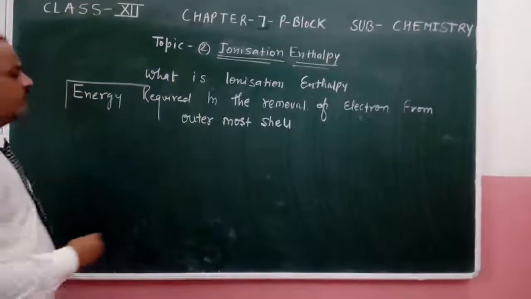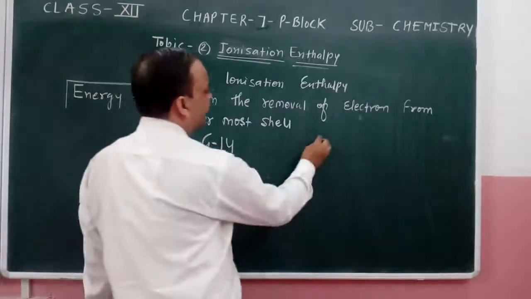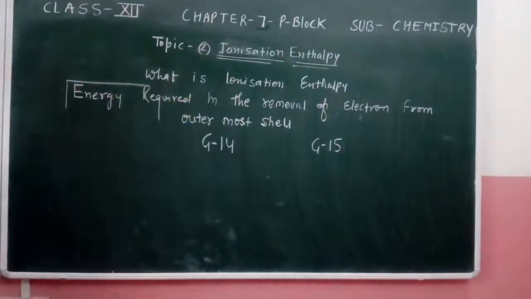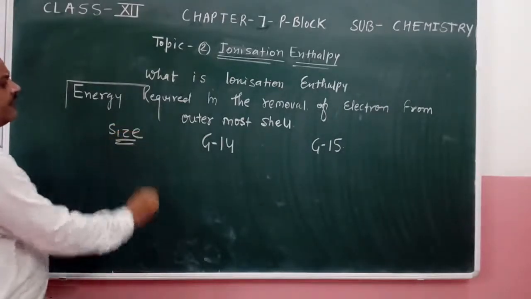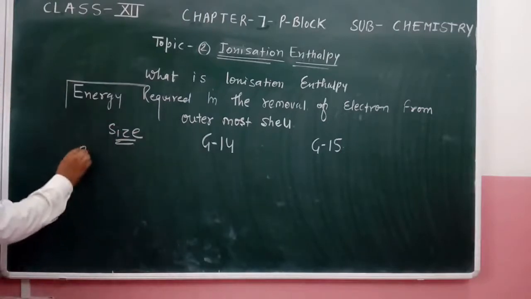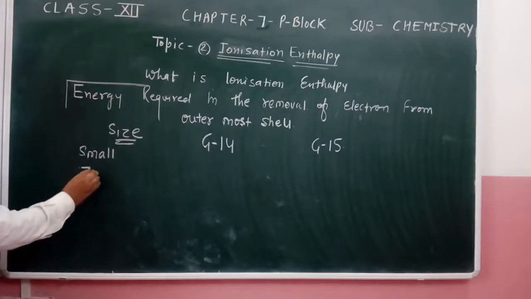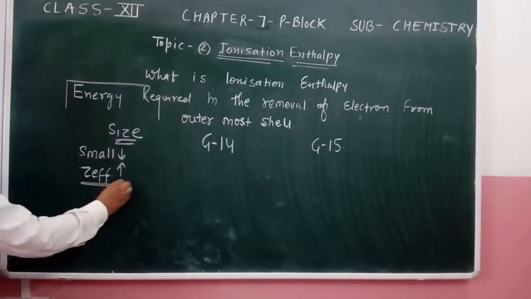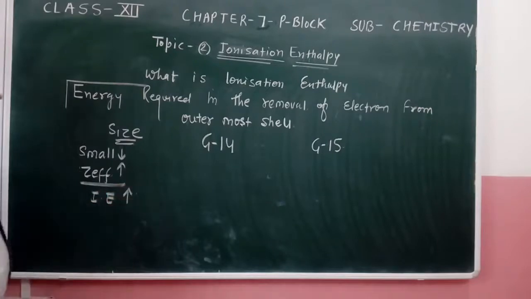Now we have to understand the comparison of ionization enthalpies in the elements of group number 14 and group number 15. Always remember that all these properties are related to the size. If size is small, it means Z effective is more, and if Z effective is more, the value of ionization enthalpy is also more.